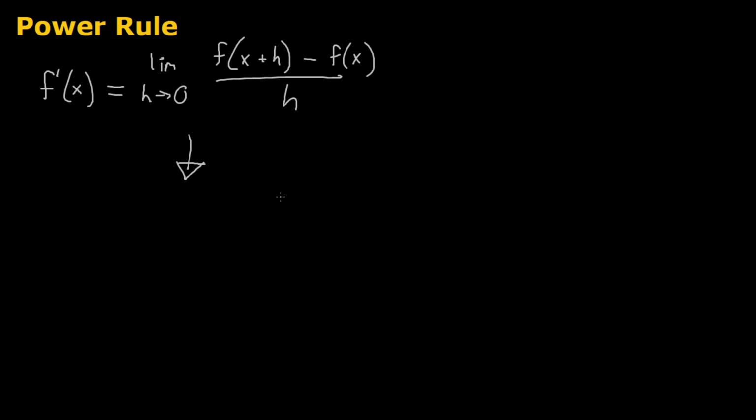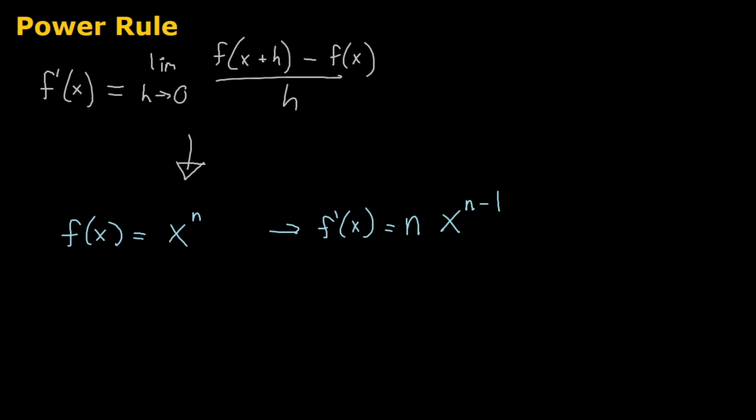So let's say that we have f of x is equal to x to some integer n. Then f prime of x is going to be n times x raised to the n minus 1.